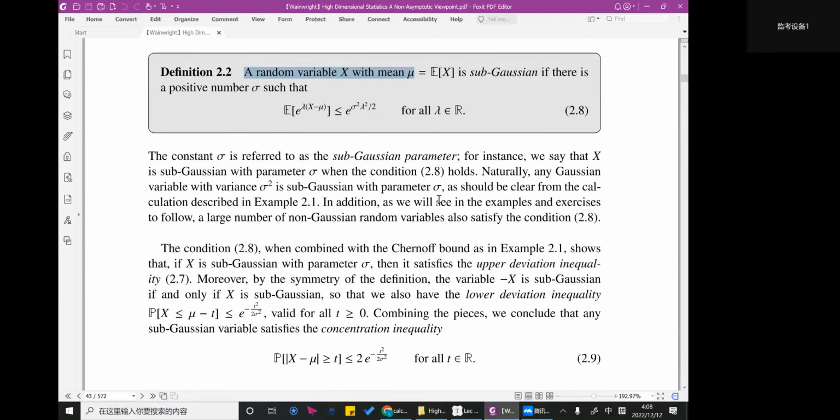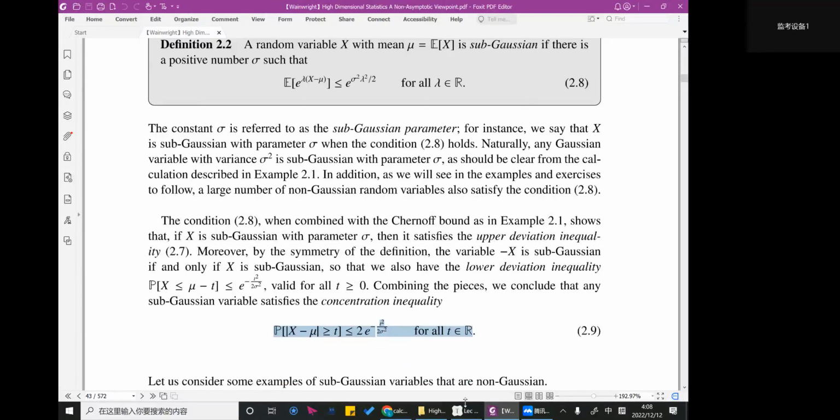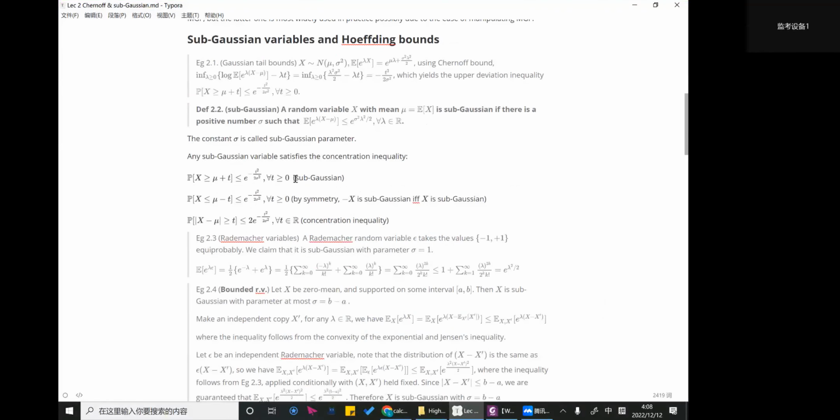And with this definition and some calculation, we get the concentration inequality for the sub-Gaussian random variable. So here, the definition tells you that the sub-Gaussian random variable satisfies this inequality, and by symmetry, the probability that s must be less than something also satisfies the same inequality.